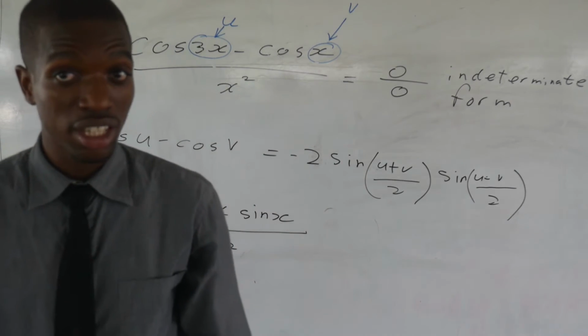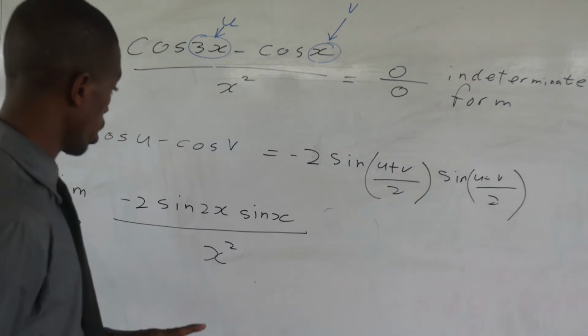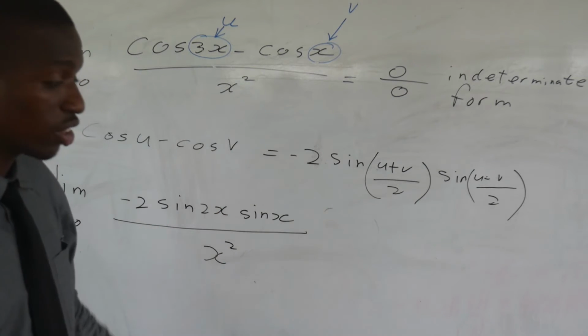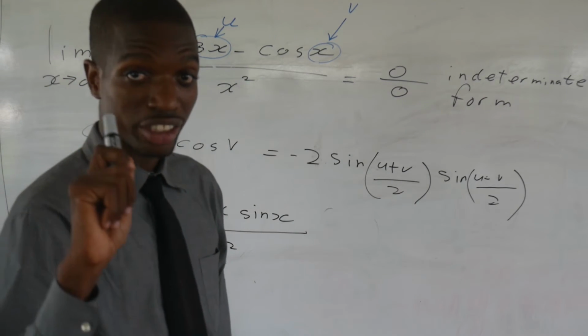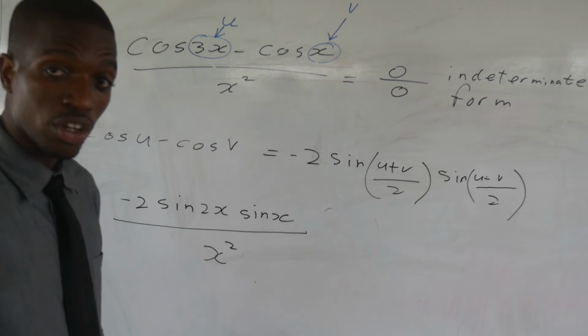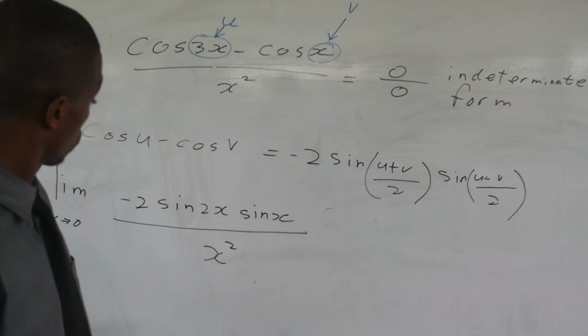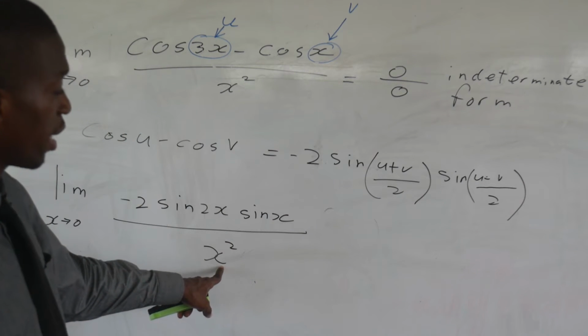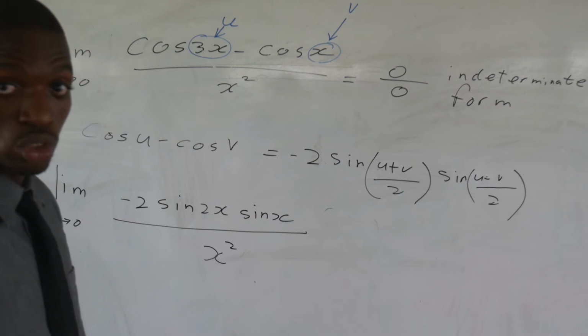Now, even though we still can't factor out anything, and we still have 0 over 0, this time I see a trig rule. I see something looking like sine x over x, because I see a sine x and an x here. Just that there are two of them.